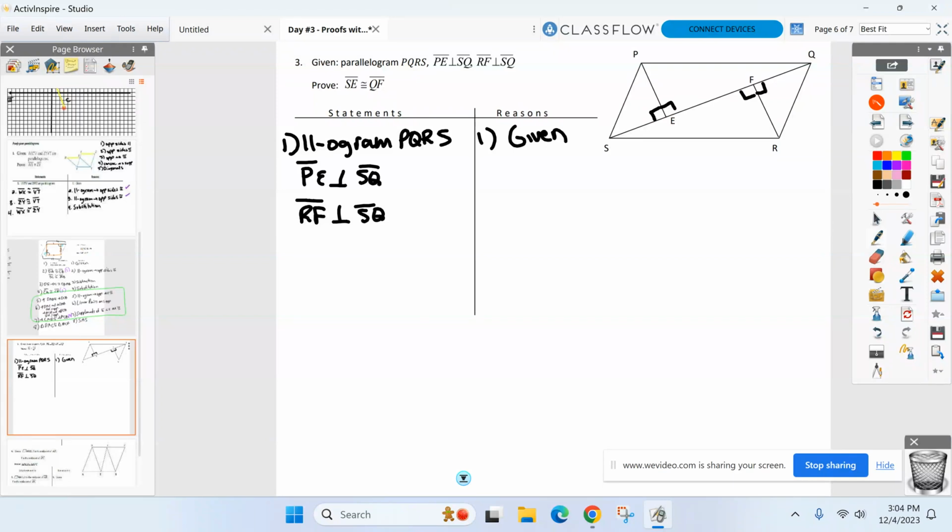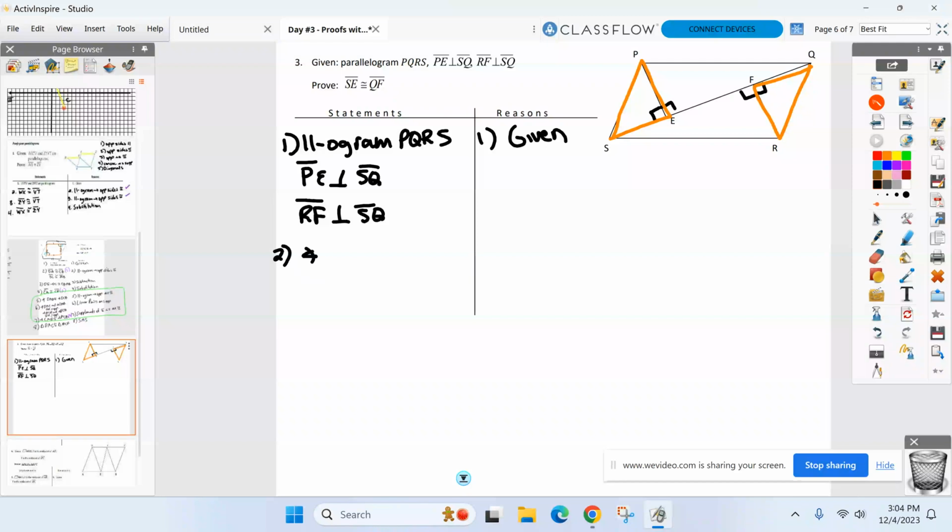SE and QF, we need to find two triangles that contain SE and QF, and I can only find one pair that have SE as a full side, and that's triangle SEP, and only one triangle that's got QF as a full side, and that's QFR. All right, and we have nothing right now as far as we can count as angles and sides. So let's take care of the two-step process for the right angles.